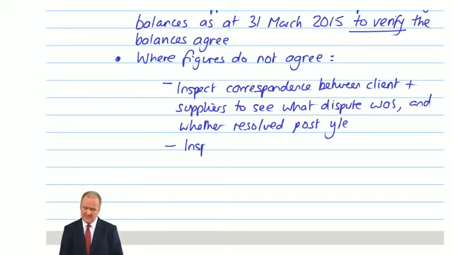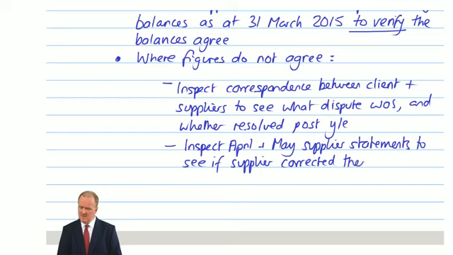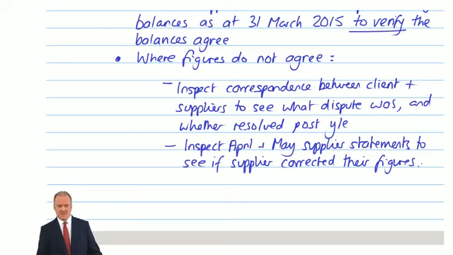So I would also inspect the April and May supplier statements to see if the supplier corrected their figures. Because if the supplier corrected their figures, it would tell you that the purchase ledger at the year end was fine and it's a supplier's mistake. So that's what I'd do for my 3 marks.